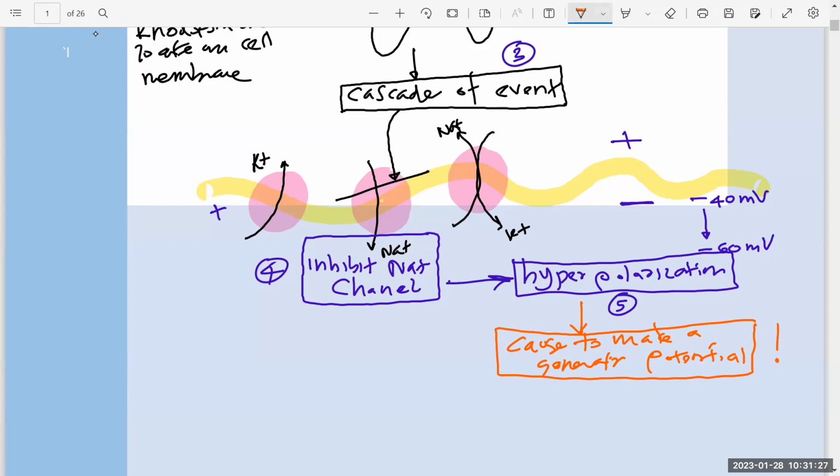Hyperpolarization causes a generator potential. Now think whether you understand this. It is getting more negative. This more negative situation creates a kind of action potential.